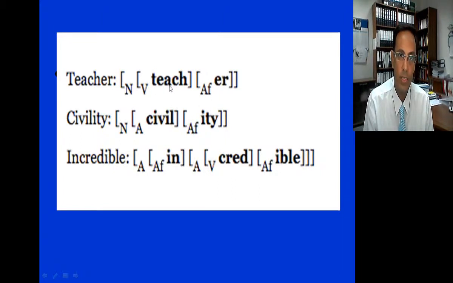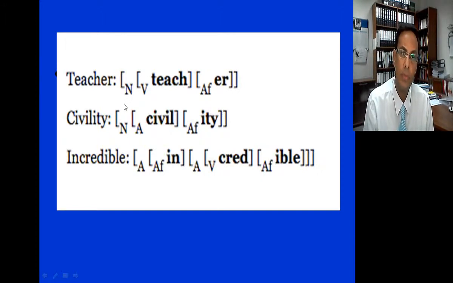This is the first unit, this is the second unit. These two units constitute the bigger unit, which is the noun teacher, because teach is a verb and we have the affix -er. We put brackets for the big unit and write N.